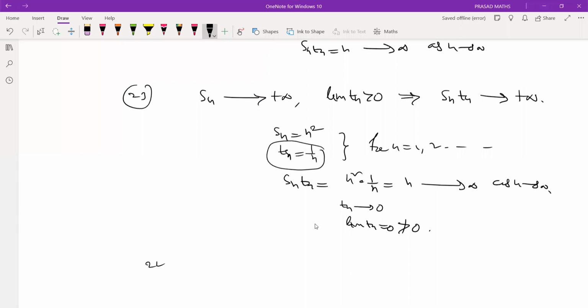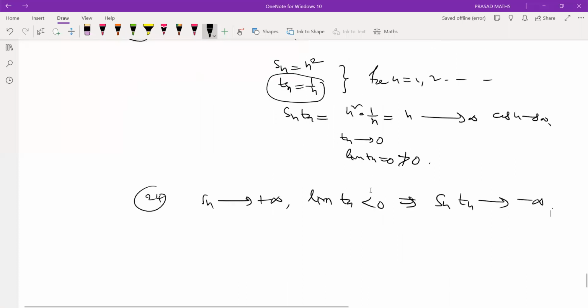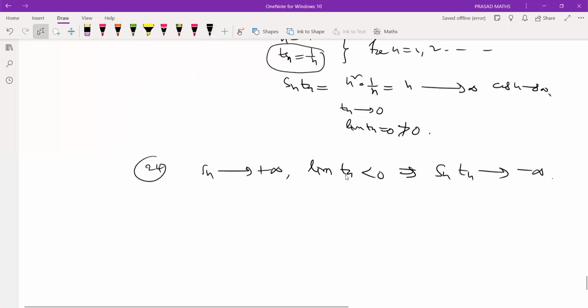Property 24: whenever Sn diverges to plus infinity and the limit of Tn is negative, Sn into Tn diverges to minus infinity. This is also straightforward; you go through it. What about the converse? Again, the converse may not be true.